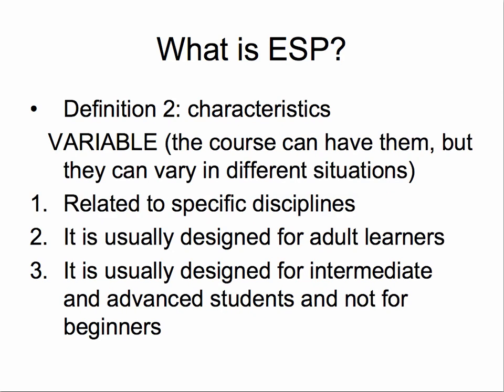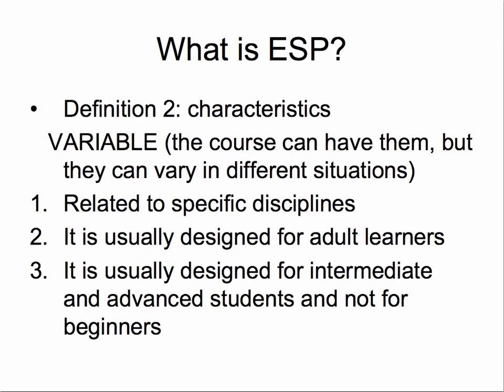Then the variable characteristics, which can vary in different situations, are that ESP courses are related to specific disciplines. So this is a variable, depending on which discipline it refers to. It is usually designed for adult learners, and usually for intermediate and advanced students and not for beginners.